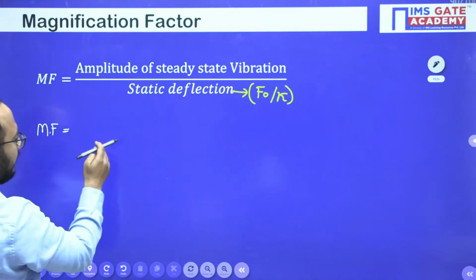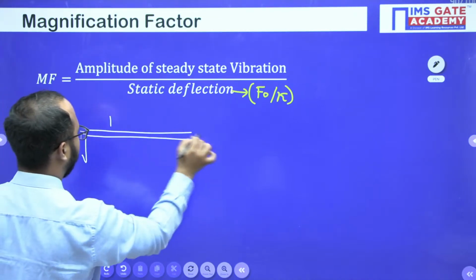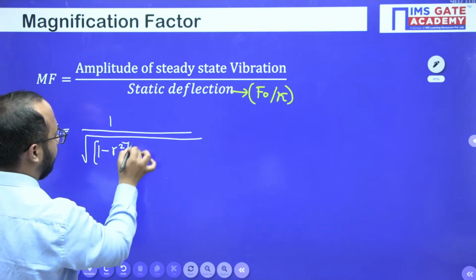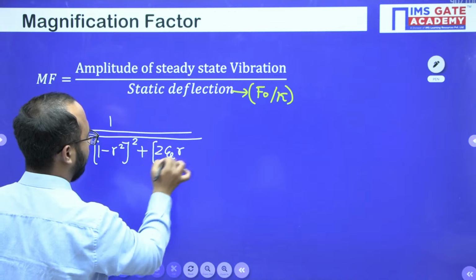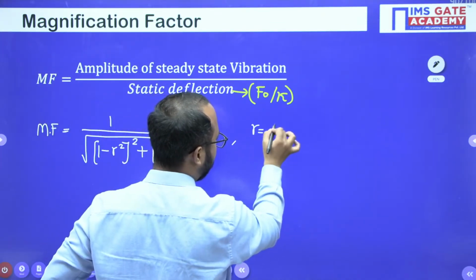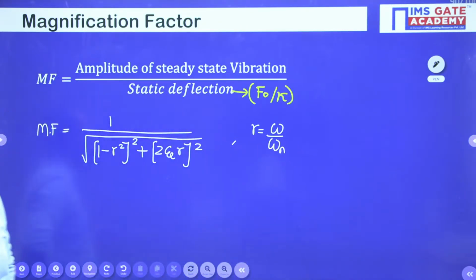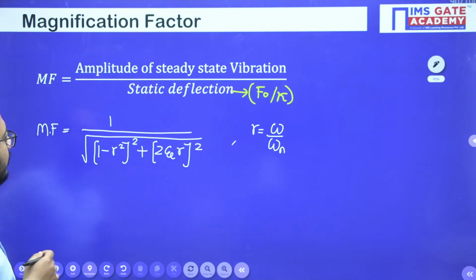So the final relation you will get like this. Here, R is the frequency ratio, omega divided by omega n. Psi is the damping factor, C by Cc, right?